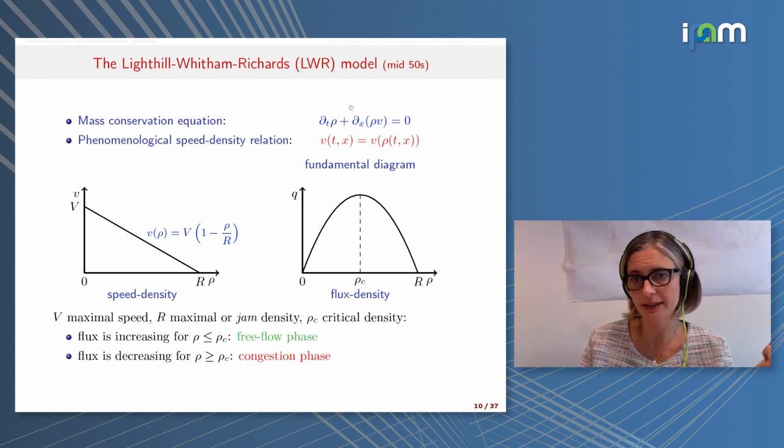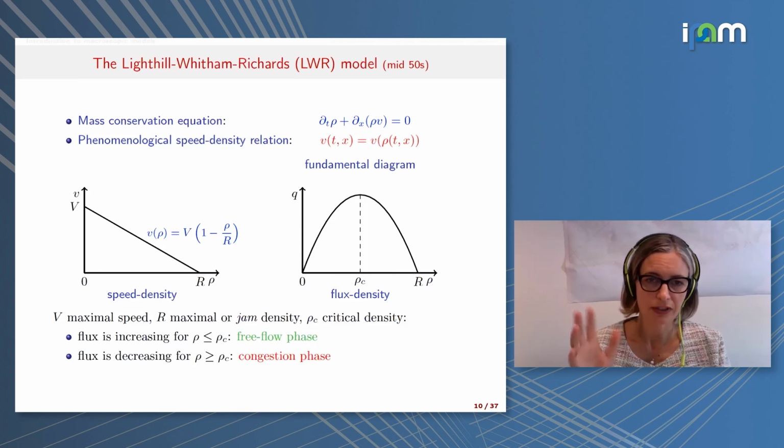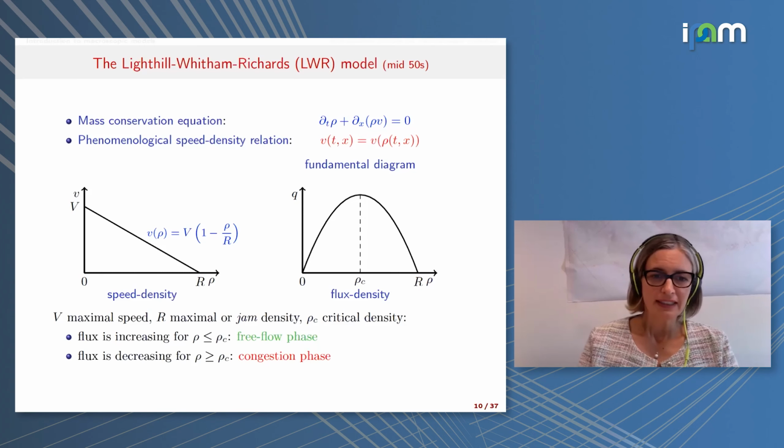Because if I write this equation here, I have two unknowns, rho and v. If now I assume that v is a function of the density only, I have just an equation for the density rho. So my problem is somehow well posed, even if it's not the correct term.